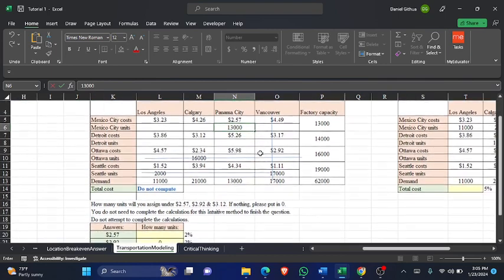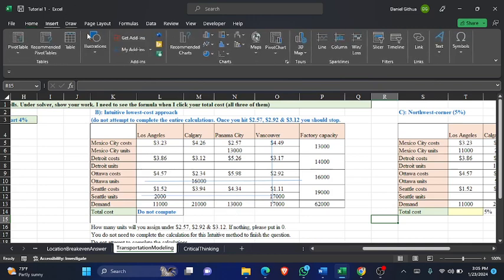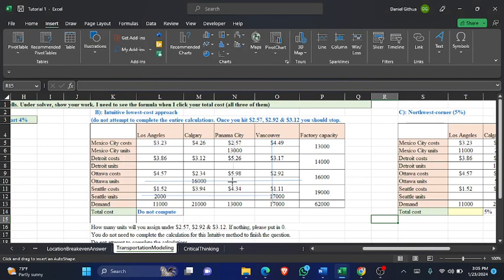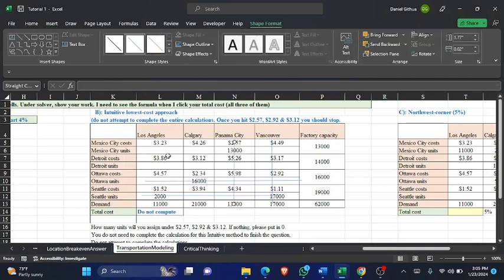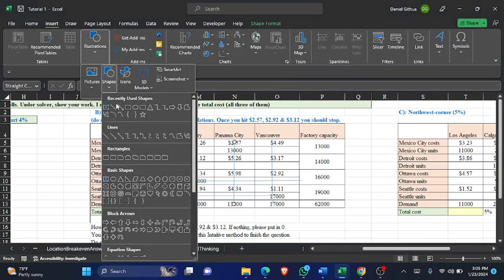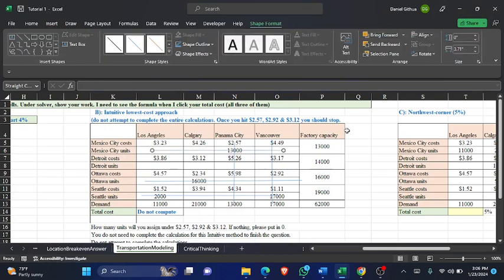So our question is asking how many units you can put at 2.57, which are 13,000 units. And since the demand and the factory capacity are done, this row is completed and this column is completed. So closing them out: this is complete because the demand is already met, and this one is also complete because the factory capacity has already been met, which is 13,000.